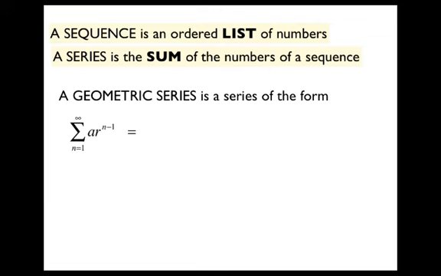A. So it's a plus ar plus ar squared plus ar cubed. So it's not (ar) as a quantity. If it were, there'd be parentheses. So the exponent comes first, then multiplication. Okay, so this is the form. This is a geometric series: a plus ar plus ar squared, ar cubed, etc.